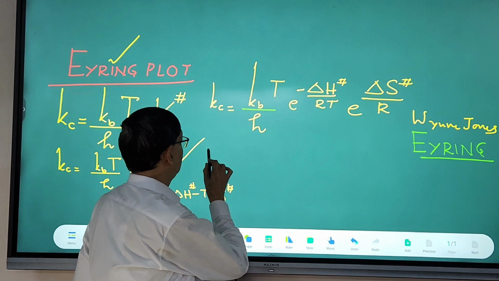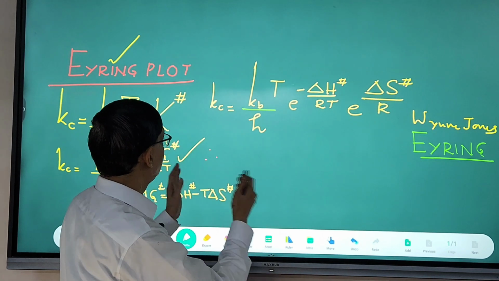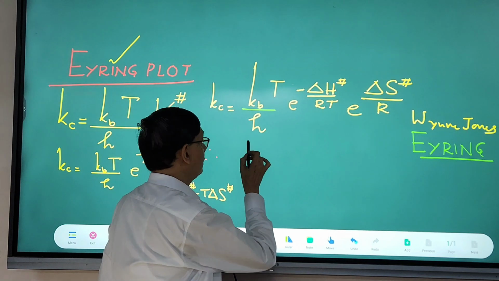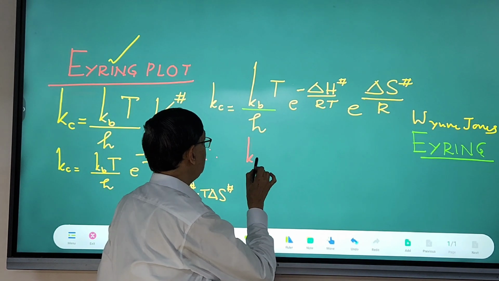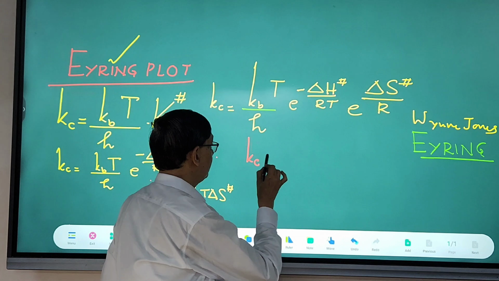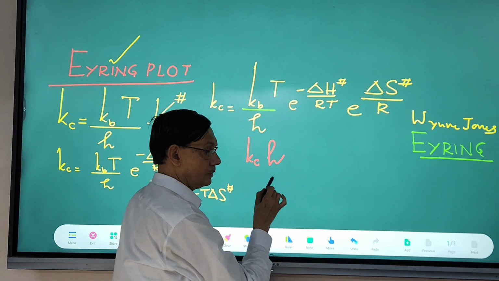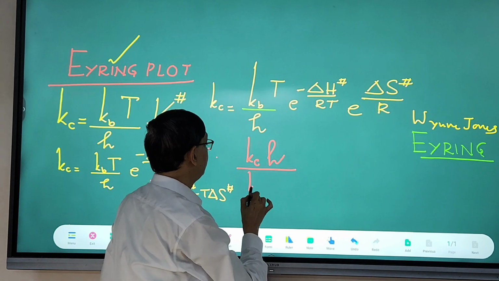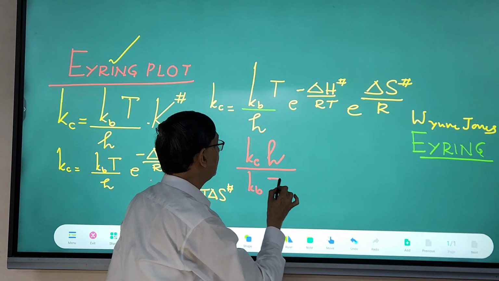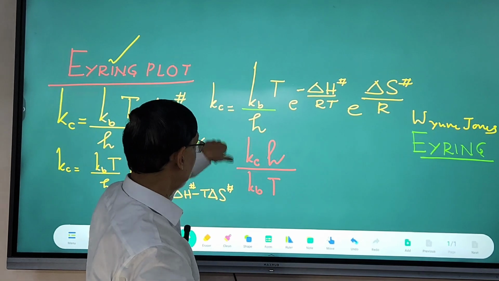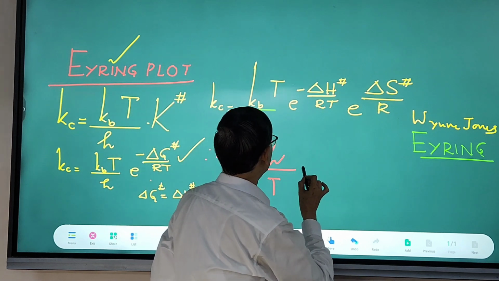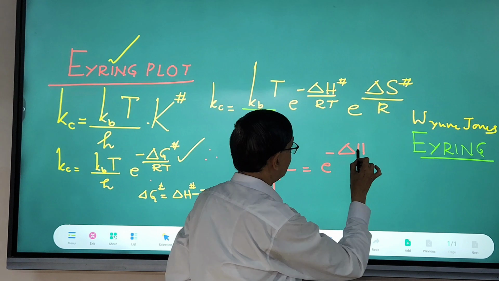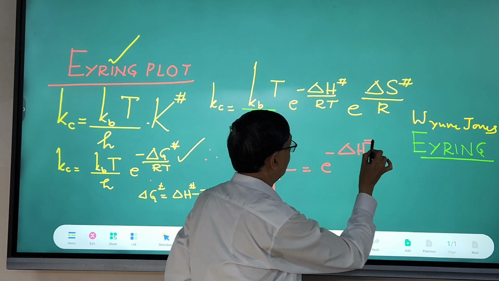If I slightly rearrange this equation, I can write k_c h over k_B T as equal to an exponential. You can write it like that or however you want.